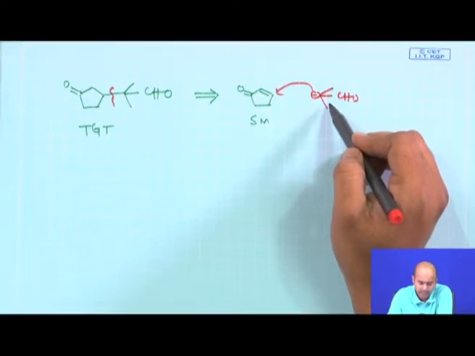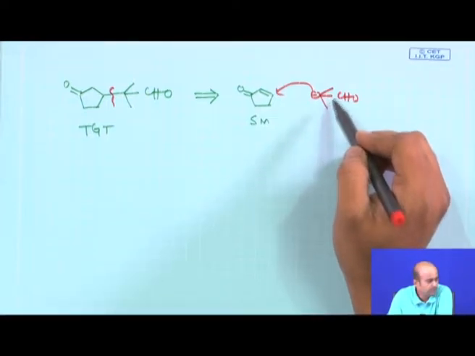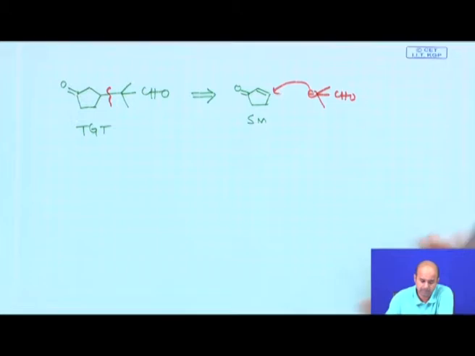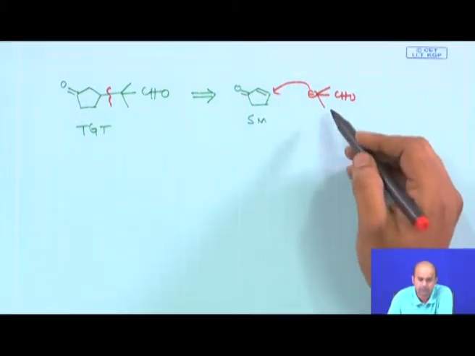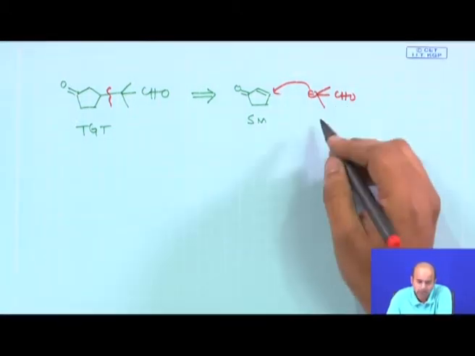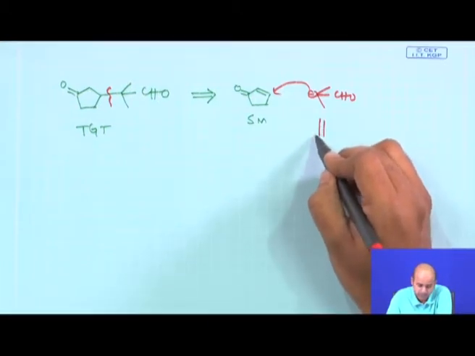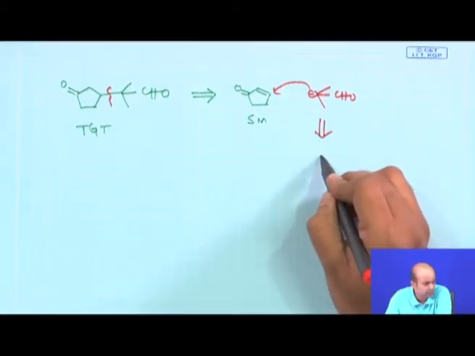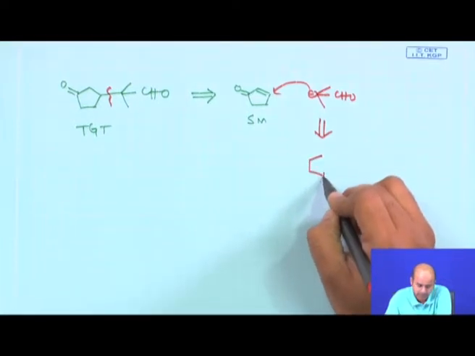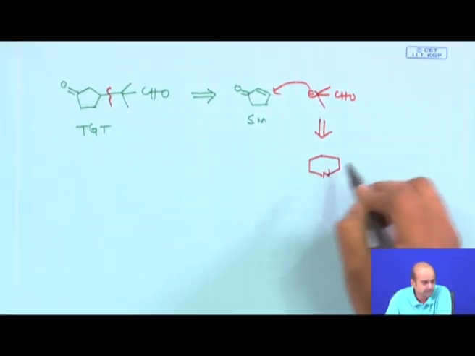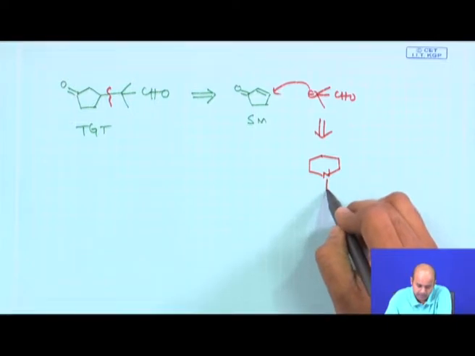But in reality, you probably will not get this anion. You can think about this kind of anion, but how to access it? Then a unique transformation named enamine alkylation will come into the picture.